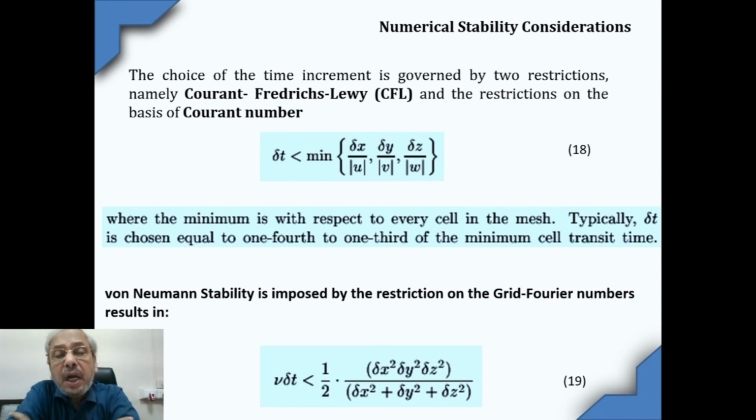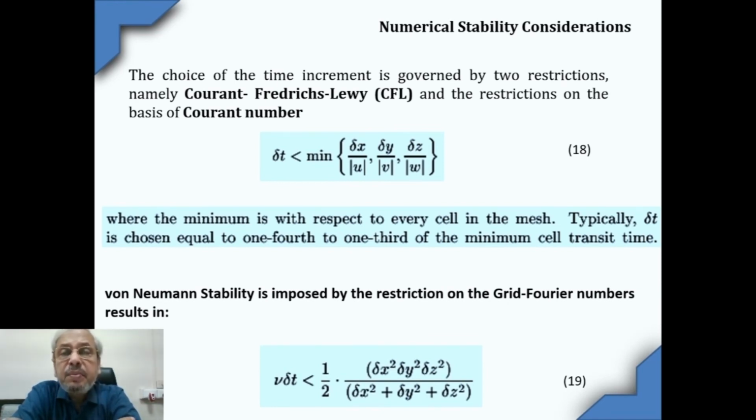So the time step will have a stability requirement. And if you recall, for such equations where it is elliptic in space and parabolic in time, we pose both the restrictions on the time step.